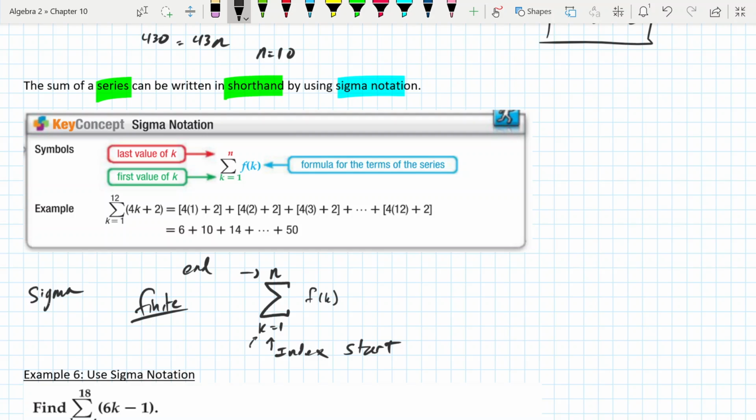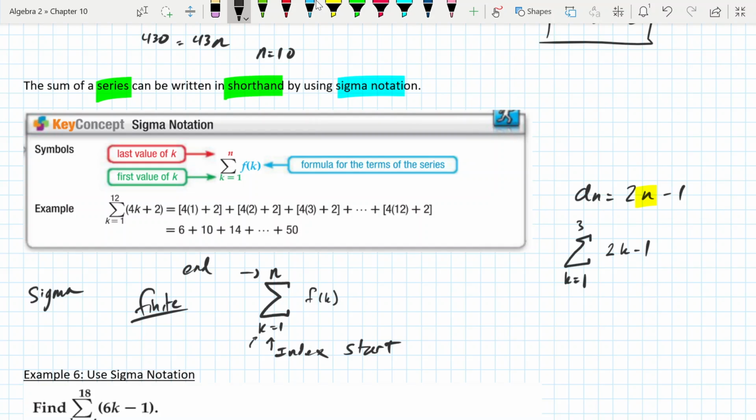Basically, if your a sub n equals 2n minus 1, that was what the formula came out to be, you're going to swap out that n for a k. So let's say I start at 1, and I'm going to go to 3. I would have 2k minus 1 here.